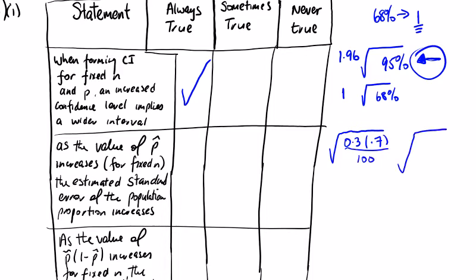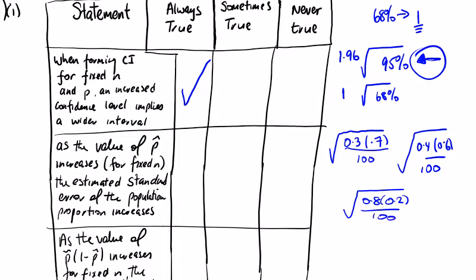Then let's see what 0.4, so p-hat's increasing, by 0.6 over the square root of 100 would give us. Now they're both less than 0.5, and I think they will show an increase, but if we jump up to a higher end, what about 0.8 by 0.2 over 100? What would that give us?